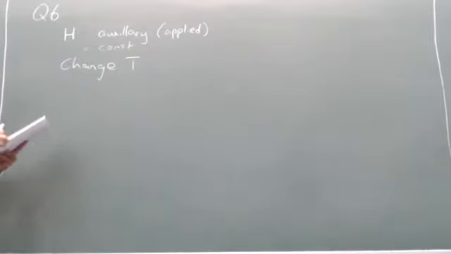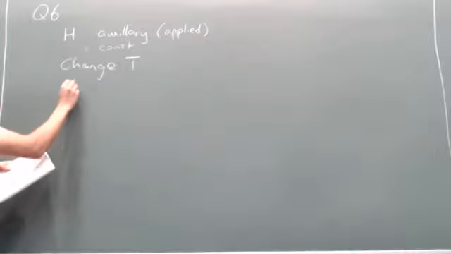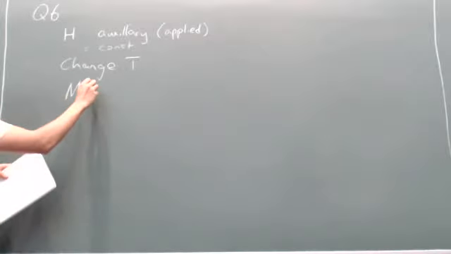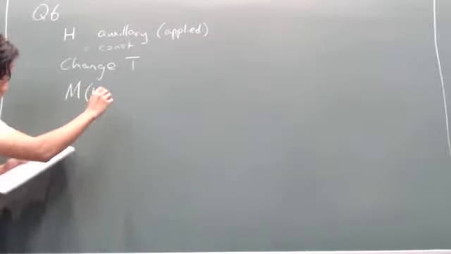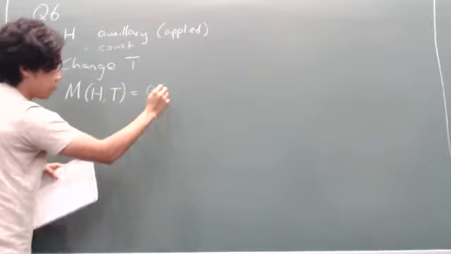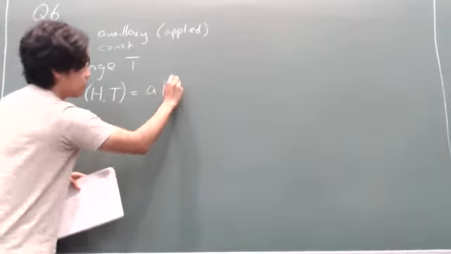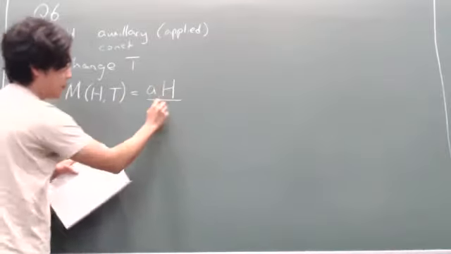For this, first you take the equation of state. The magnetization, a function of the H field and the temperature, is given by the Curie constant (for some reason I call it A here instead of C, but it's the same thing) times the applied field divided by the temperature.